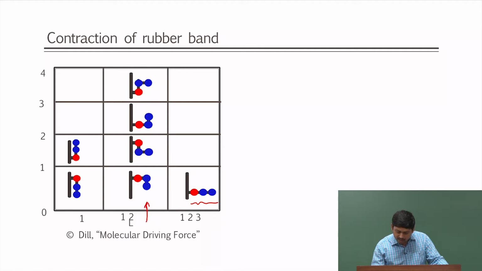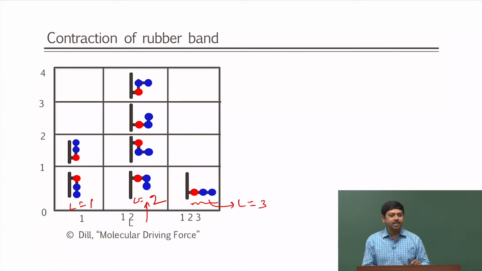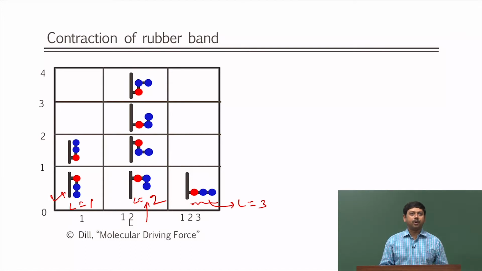Here the length L is 3, here L is 2, and here L is 1. Length is measured by how many monomers away it is from the wall. Now, here you see there are 4 possible ways to orient them when the length is intermediate. If you want to shrink it, it will again reduce the number of possibilities.